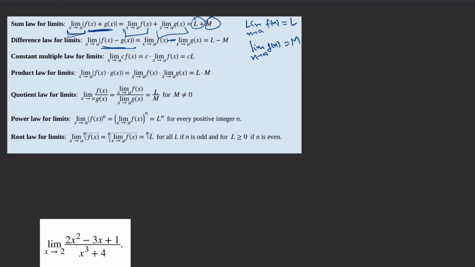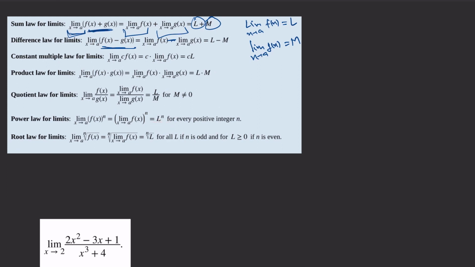For division also I will find individual limits and divide them, but here m will not be equal to 0, because if m is 0, then L upon m will not be defined, as it goes to infinity. And if I want to find the limit as x tends to a of f(x) to the power n, I'll put the limit inside and raise to the power n, so this will be L to the power n.